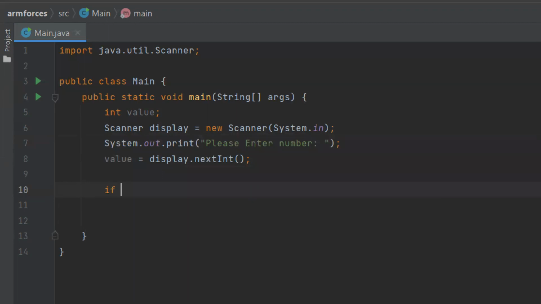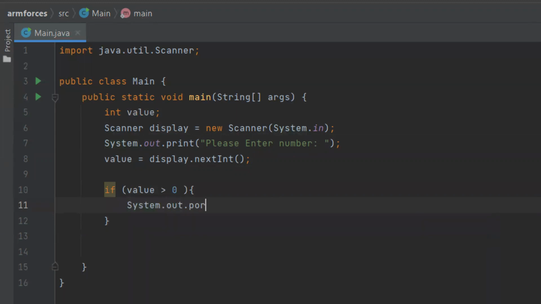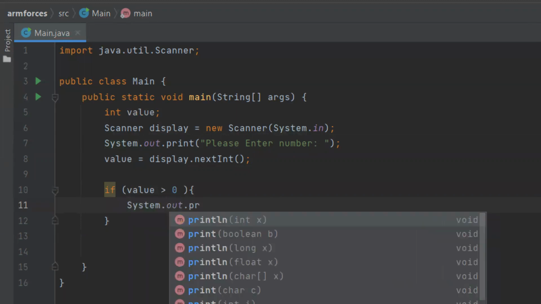So here I can check if, in brackets, the number the person has entered is greater than 0. Now, if that number is greater than 0, then I can display on my screen. And what am I displaying on my screen?